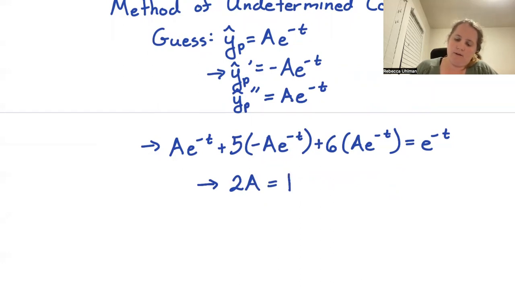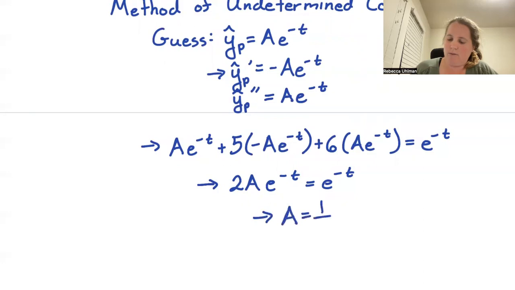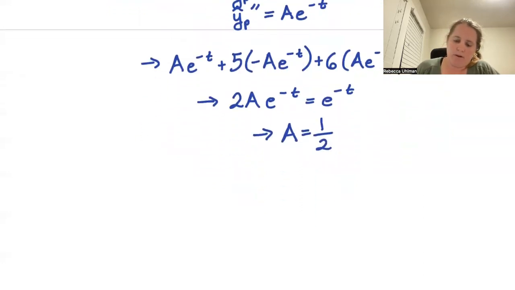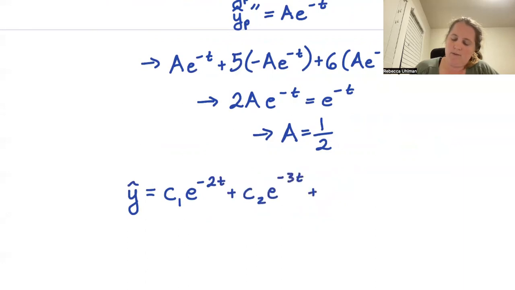We get therefore that a should be equal to 1/2. So we have that our y hat should be equal to c1 e to the negative 2t plus c2 e to the negative 3t plus 1/2 e to the negative t.